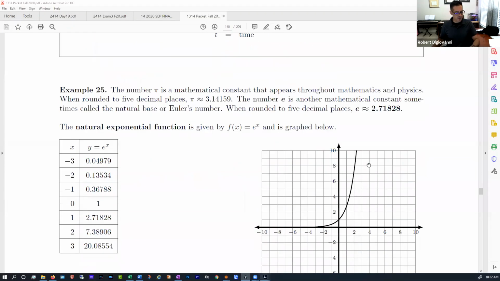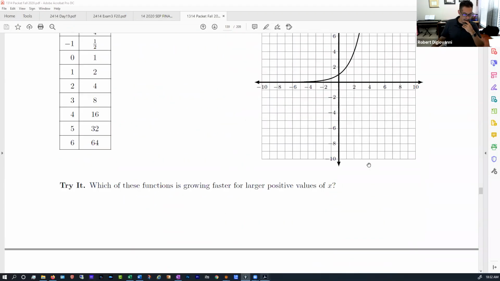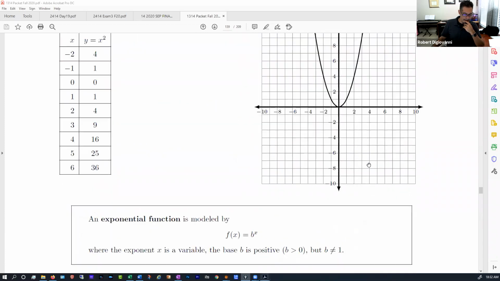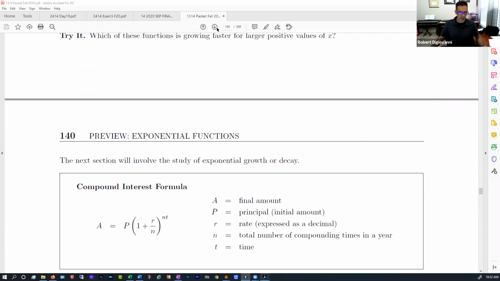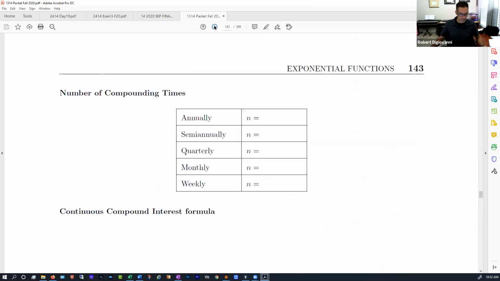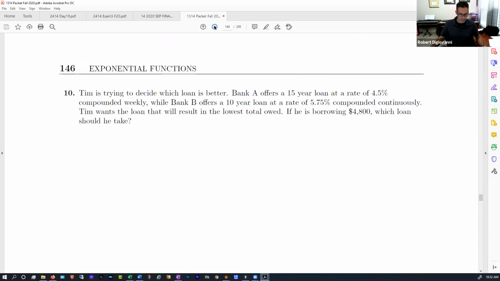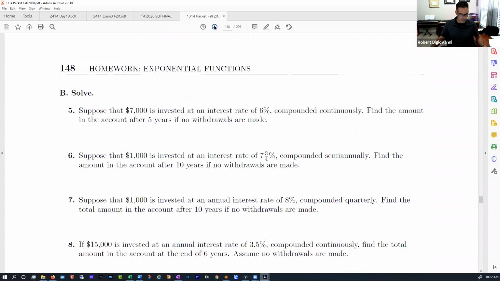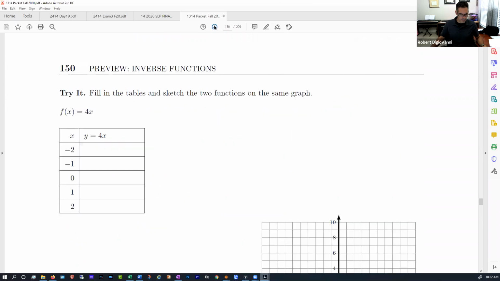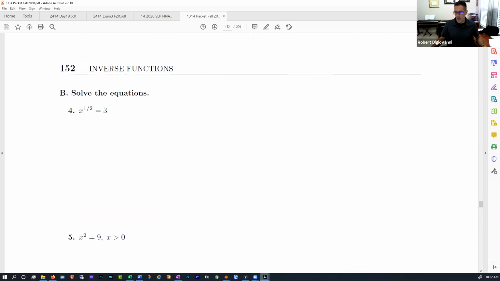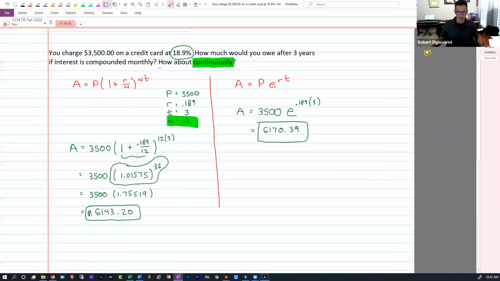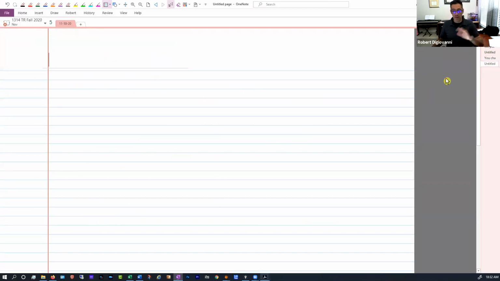We talked about the natural exponential function. Okay, I just want to make sure I'm not missing anything here. All right, good. I'm going to introduce this idea, and that way when we get into it next time, hopefully it'll make a little more sense. So I want to talk about what are called inverse functions.